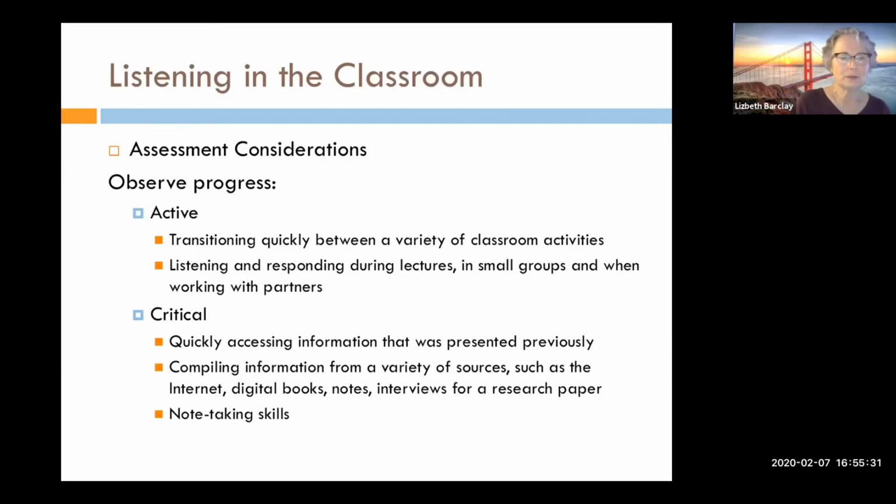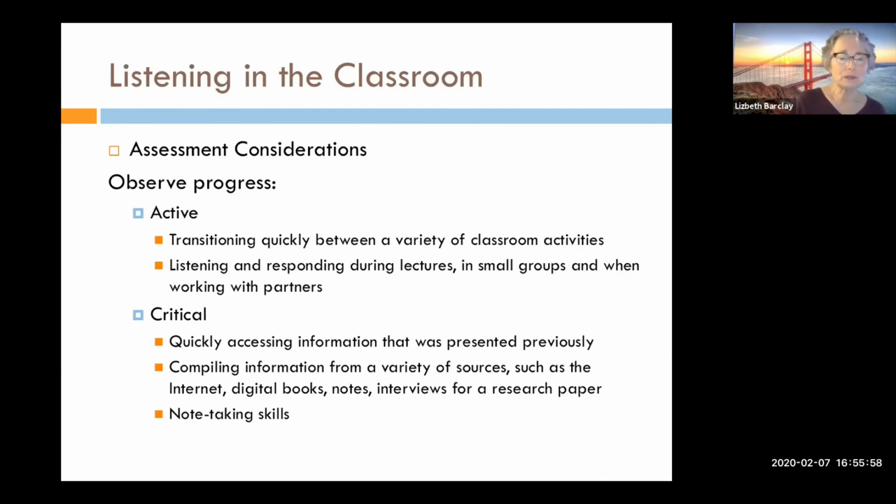But observation is really, really important from time to time so that we can really see, are our students able to transition quickly between a variety of classroom activities? Are they able to listen and respond during lectures, in small groups, and when working with partners? These are the things that we need to be looking at.